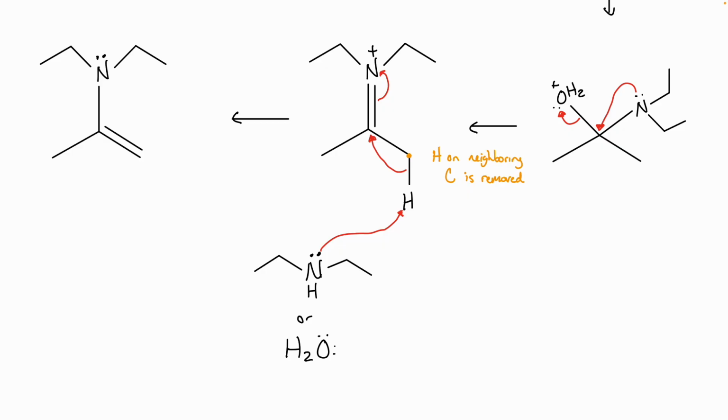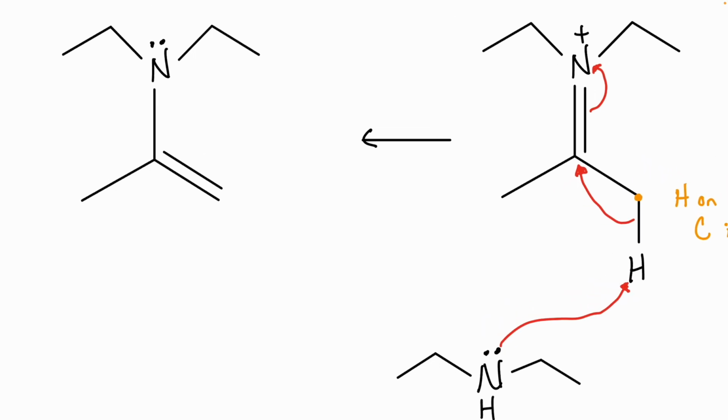Okay. So whereas our primary amines formed imine products, our secondary amines form what are called enamine products. Ene because we have that carbon-carbon double bond, amine because there's an amine group.